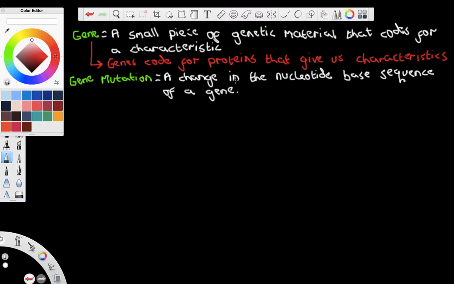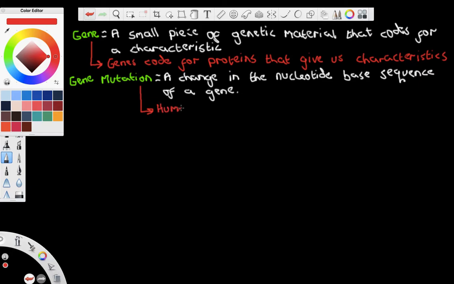Okay? Now, the human genome has about 3 billion base pairs, and just one change can cause the protein made to be different. So we can say, I'm going to put it in red again, that the human genome, and we don't spell human genome with an I, do we?